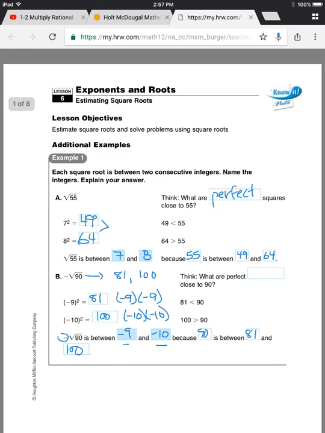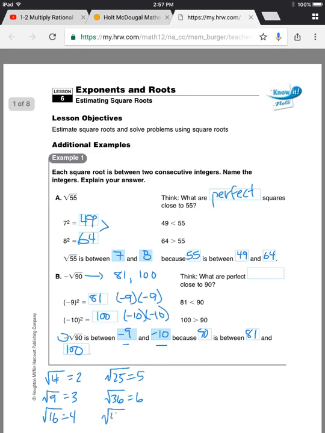So really, I would suggest you do the following. Square root of 4 would be 2. Square root of 9 would be 3. Square root of 16 is 4. Square root of 25 is 5. Square root of 36 is 6.